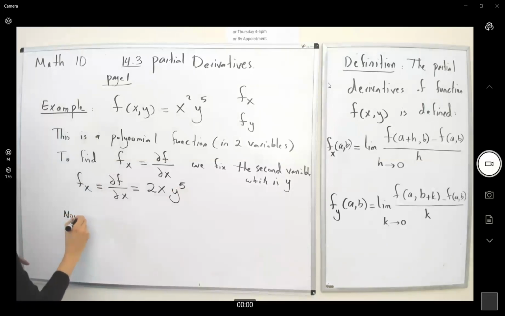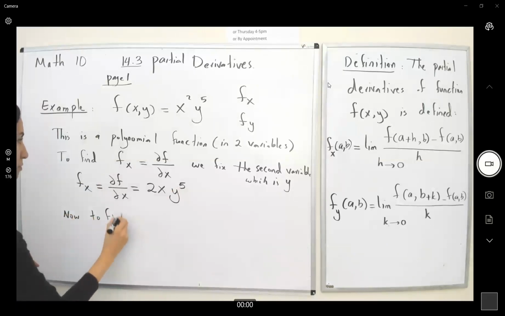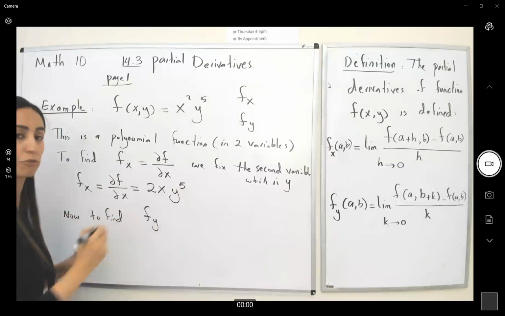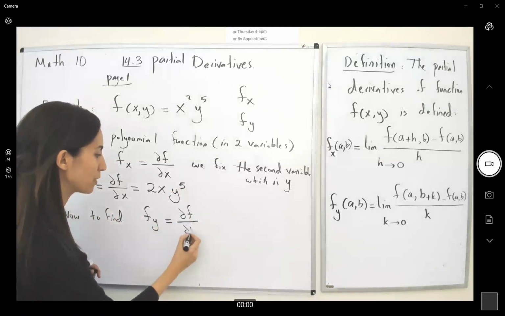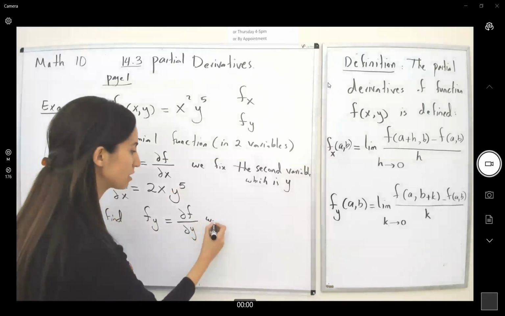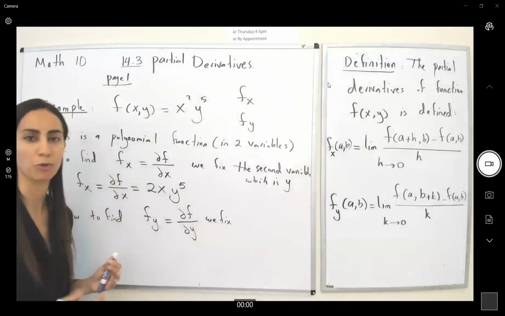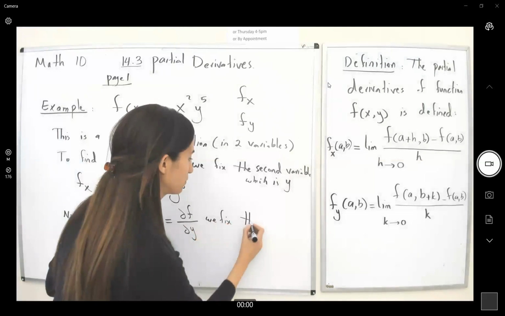Now, to find the partial derivative of f with respect to variable y, we fix our first variable, which is x.